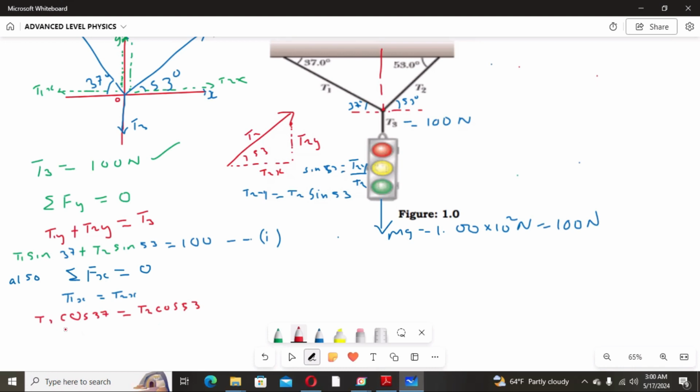From here, you can simplify this by dividing by cos 37. Even here, you divide by cos 37.